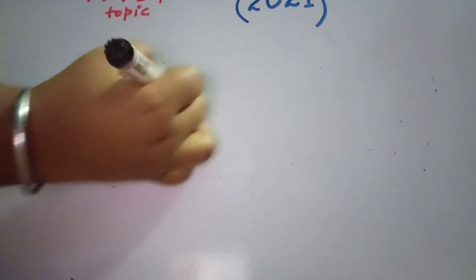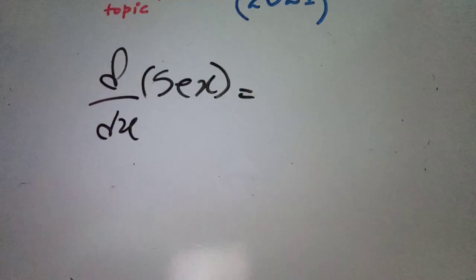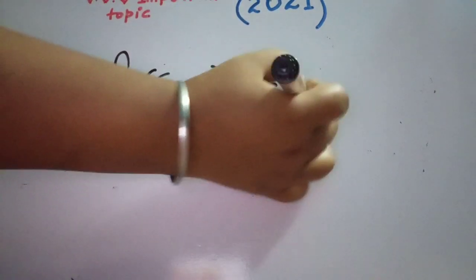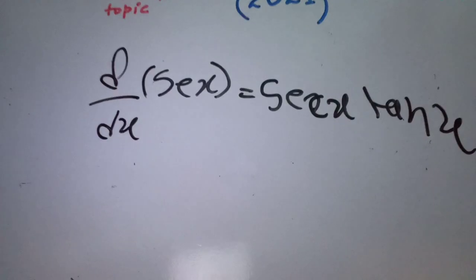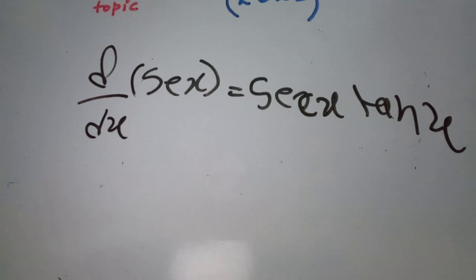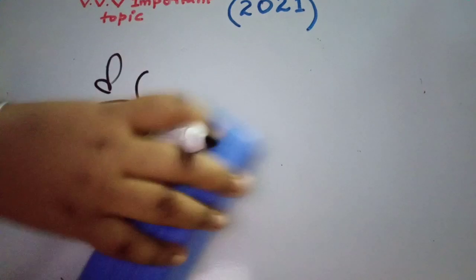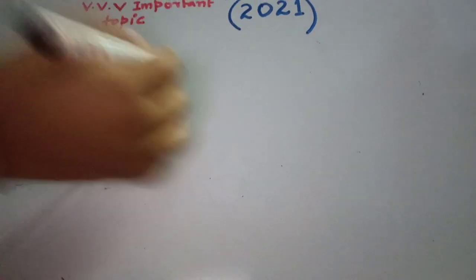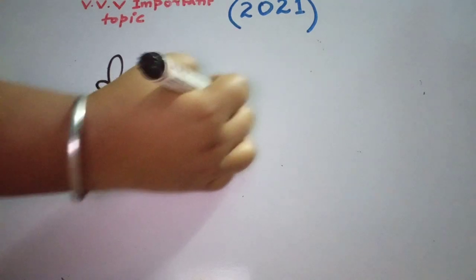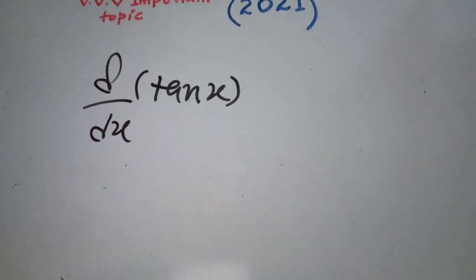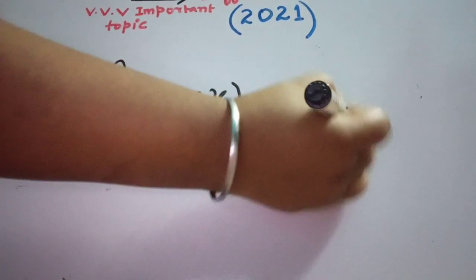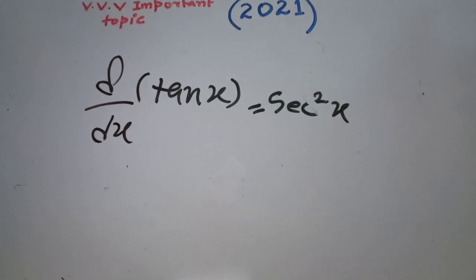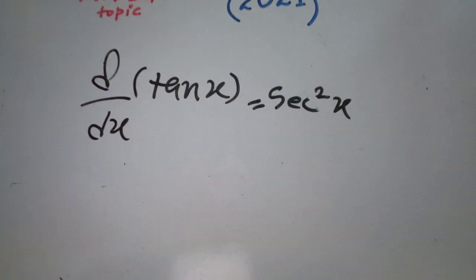Next is sec x. Sec x has a combination of sec x with tan x. Next we have d by dx of tan x, which is sec square x.